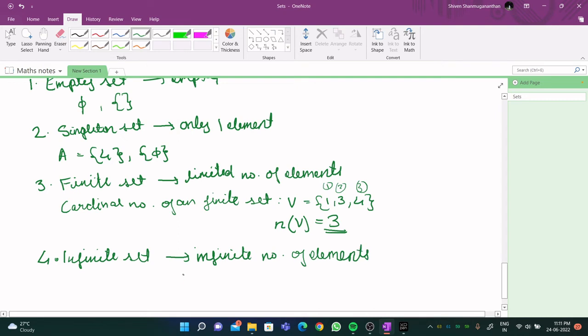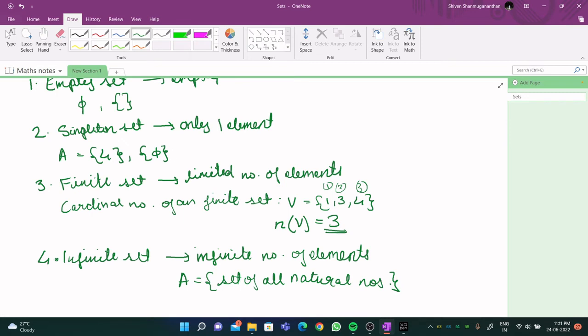Now this could be, let's just say, the set of all natural numbers. If you see, this is technically infinite. There are unlimited natural numbers. Good luck finding the last one.